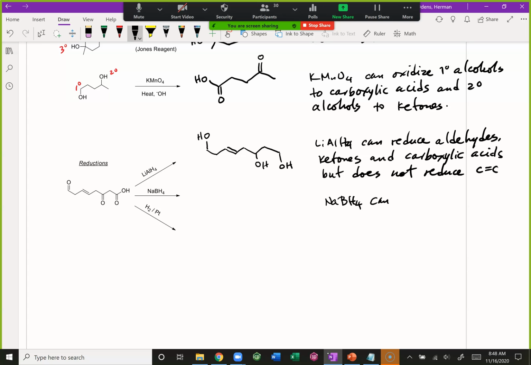It can reduce aldehydes, ketones, and acid chlorides, but it cannot reduce carboxylic acids or double bonds.